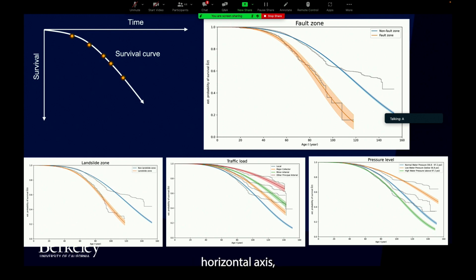The horizontal axis goes up to 100 to 160 years, and it statistically shows that if you're in the fault zone, the pipe doesn't survive, so it is more likely to fail. But there are other features like landslides, traffic load, or pressure level, and all these things come together. How do we work with them together is something that we're working on.